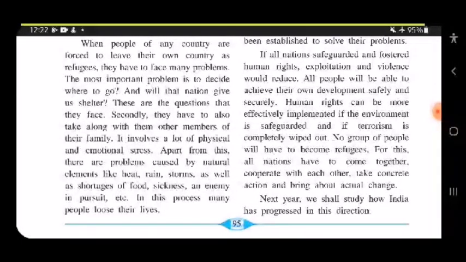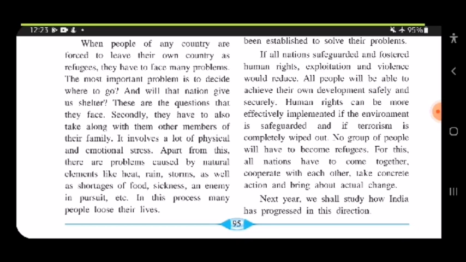Human rights can be more effectively implemented if the environment is safeguarded and if terrorism is completely wiped out. Right? If terrorism is completely wiped out, what happens? You will be able to live in peace, in security, in safety. No group of people will have to become refugees. If they will not be hunted from their own country, then no one will be called a refugee.